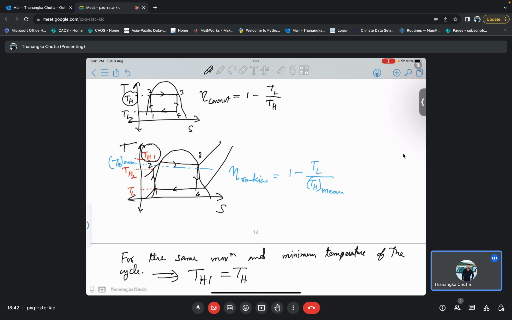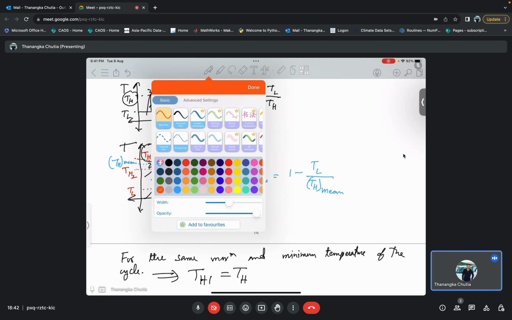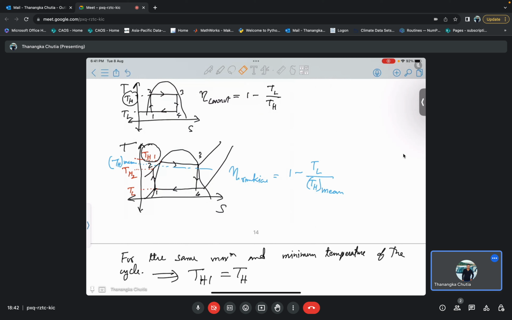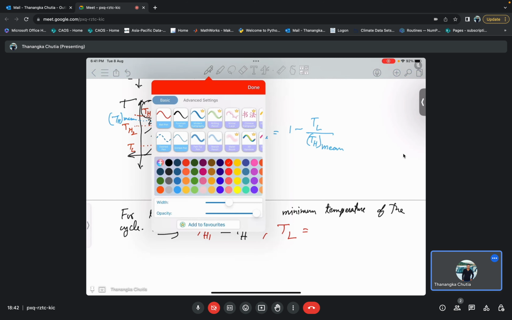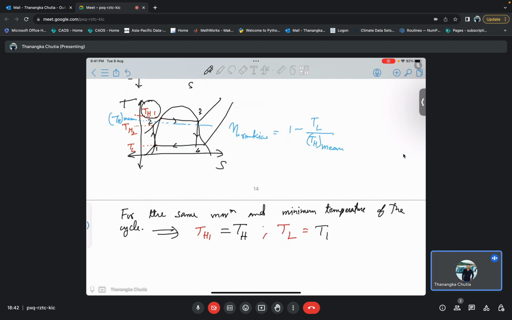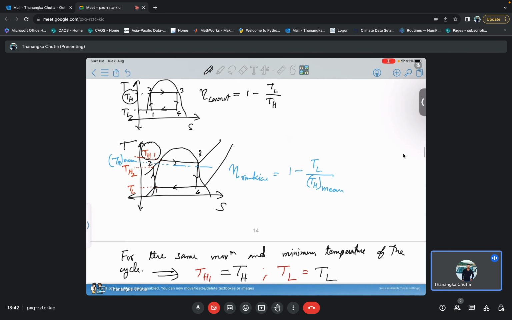Let me color it differently so you understand better: TL of the Rankine cycle equals the black TL of my Carnot cycle. So the maximum temperature is the same.